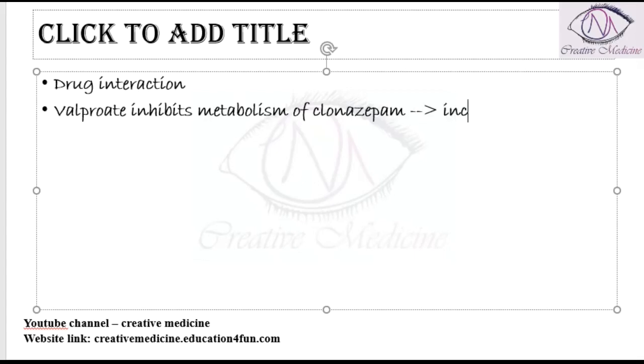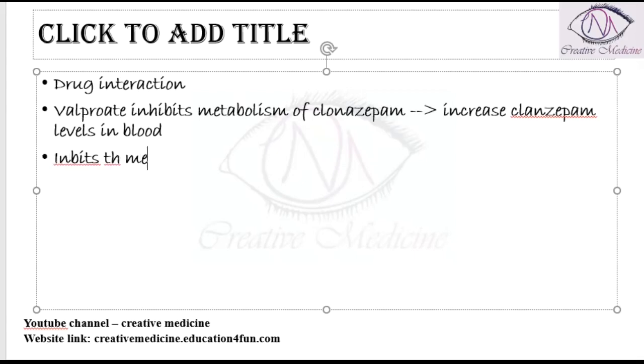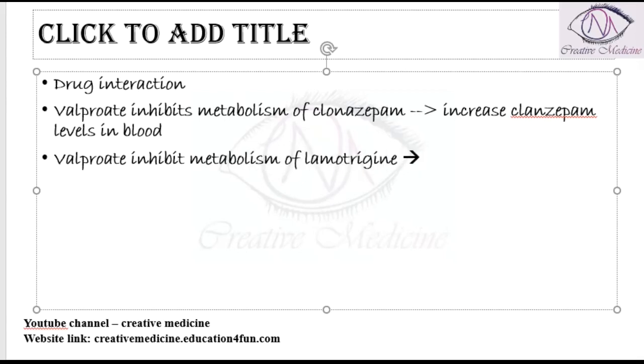Thus this will increase the clonazepam levels in the blood, causing its toxicity. Valproate will also inhibit the metabolism of one more drug, which is lamotrigine. When it inhibits the metabolism of lamotrigine, it increases the toxicity of lamotrigine by increasing the level of lamotrigine in the blood.